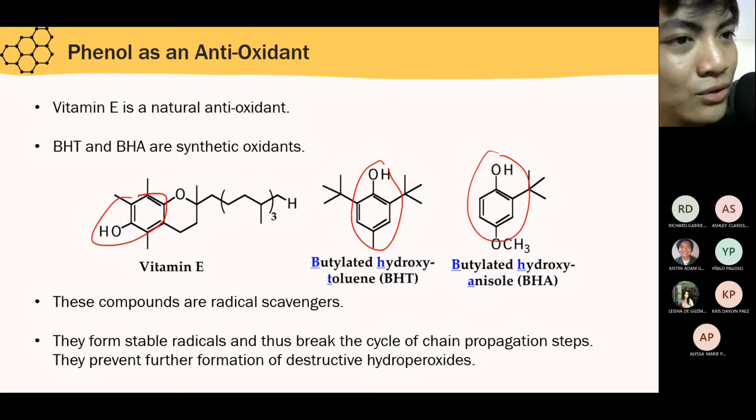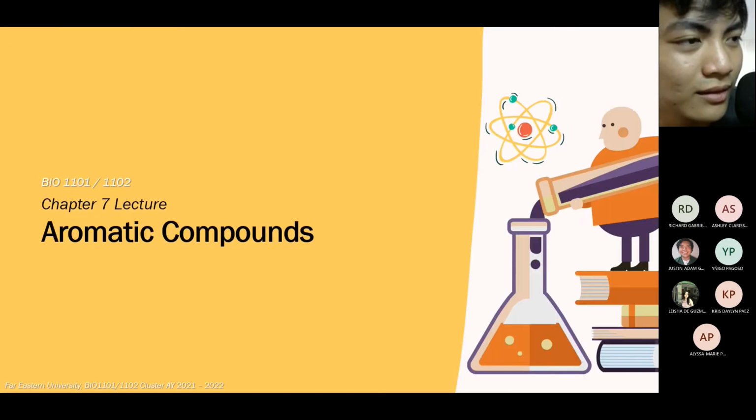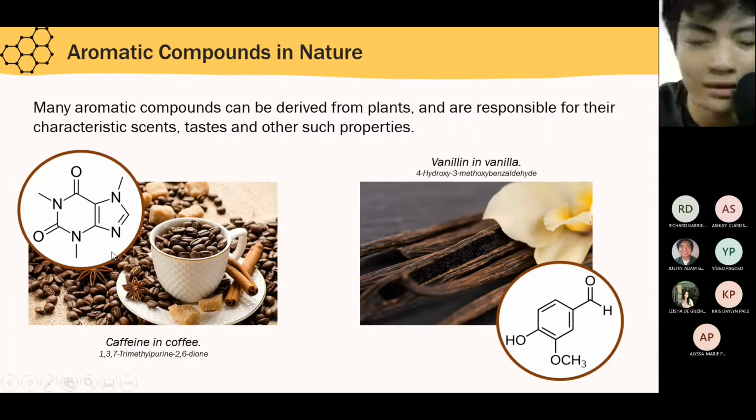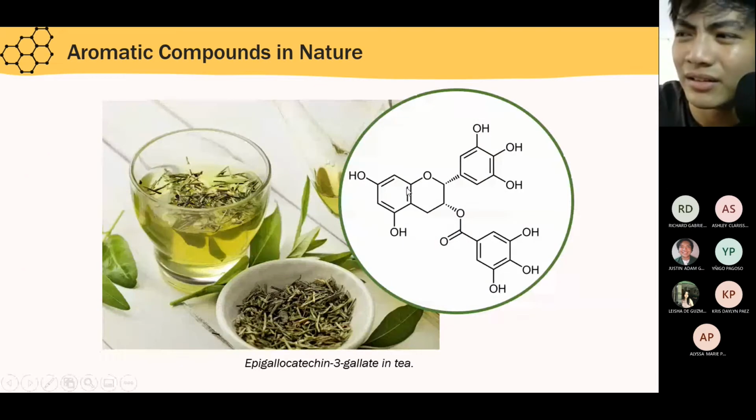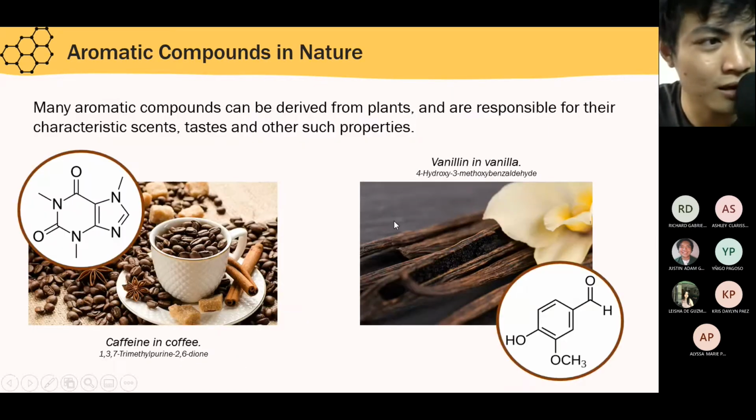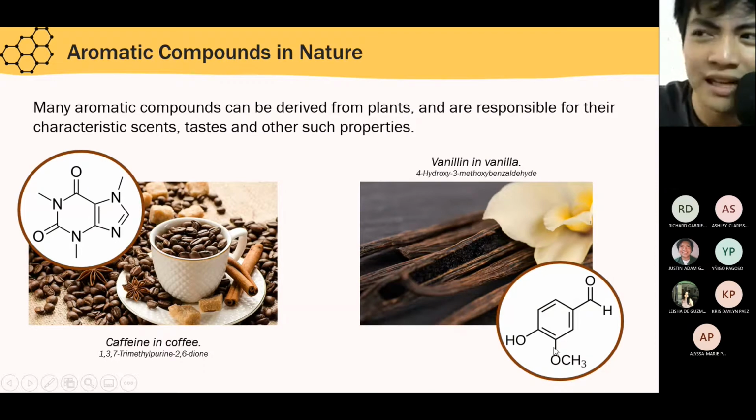Di ba sa lecture nyo, siguro nakapag-discuss na kayo sa lecture na. Pakita ko yung PowerPoint ng lecture. Sa lecture nyo, ako in-emphasize ko to sa class ko. So, in the lecture, ayun no. Sorry. Ayun no, tignan nyo. This is one of the components of our vanilla.